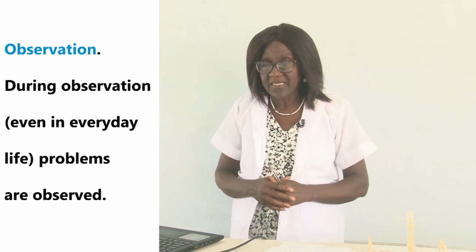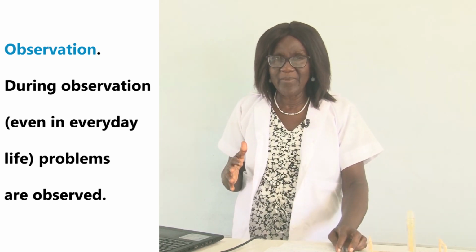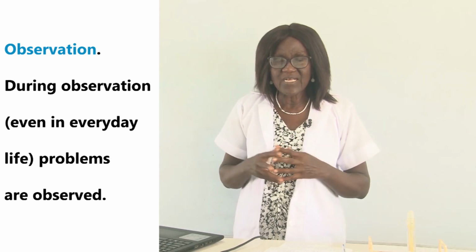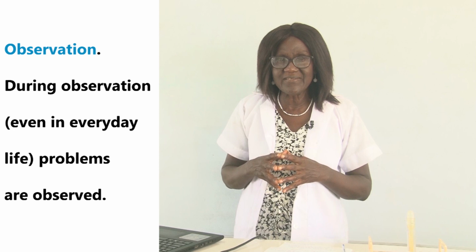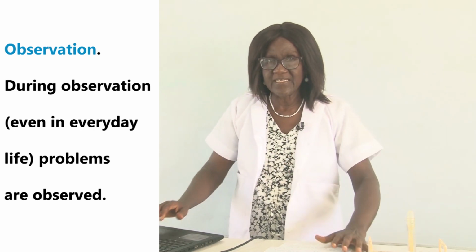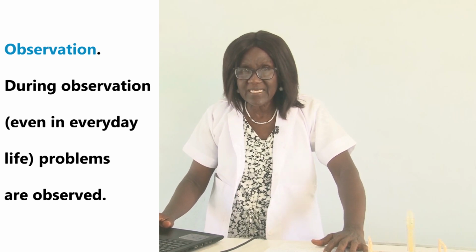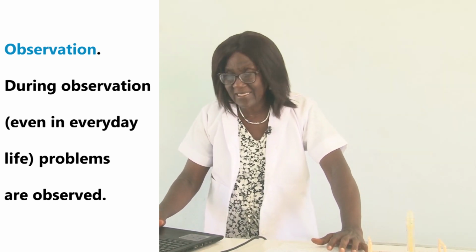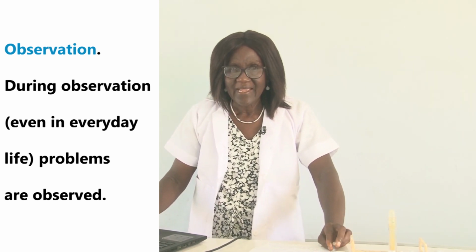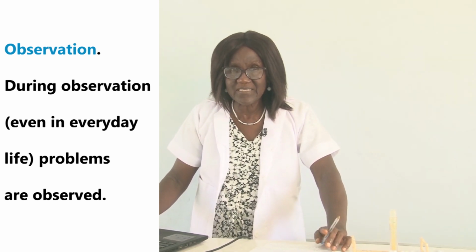Now let's try to quickly explain what each step means. Observation is looking at the environment. As you watch the environment, you come to know there are certain things that seem to be a problem that you want to investigate. So you observe critically. Anytime you observe critically, you find something, a problem. And then we look at hypothesis.